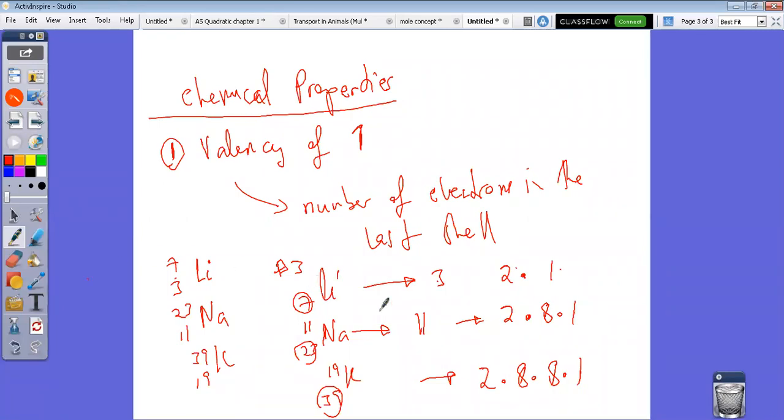From what I've written here, we are going down from lithium. What's increasing here? The number of shells. How many shells here? 2 shells, 3 shells.